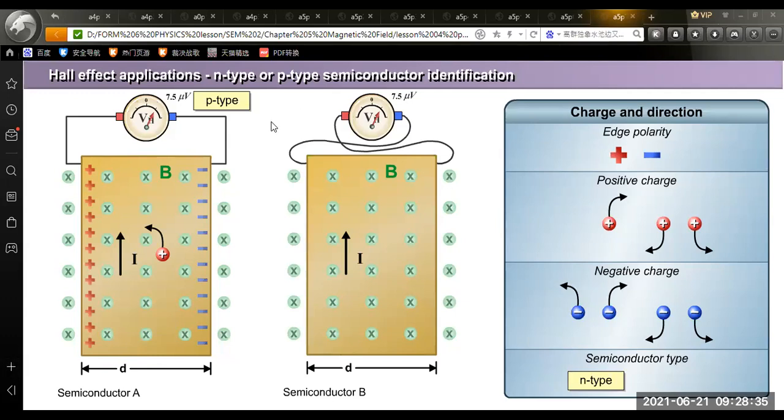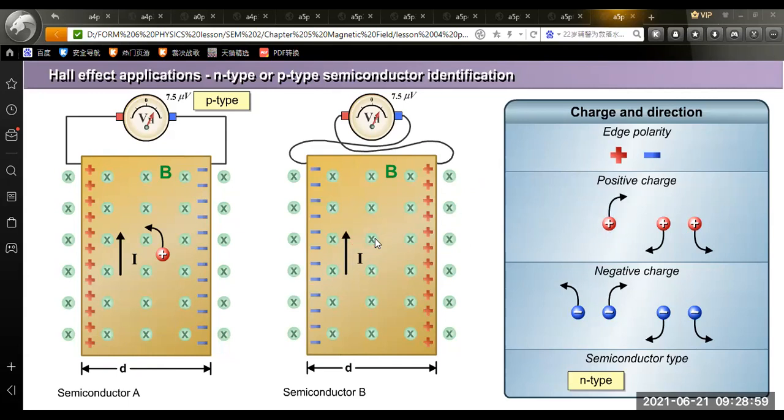Why? Because the positive charge is the majority. If it is the same thing, with the positive side and the negative side, that means the current flows.